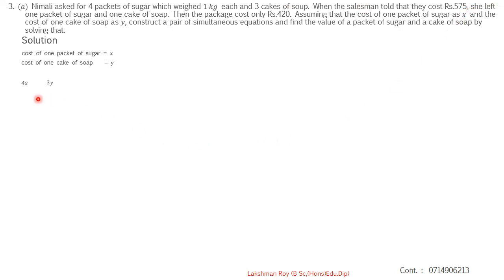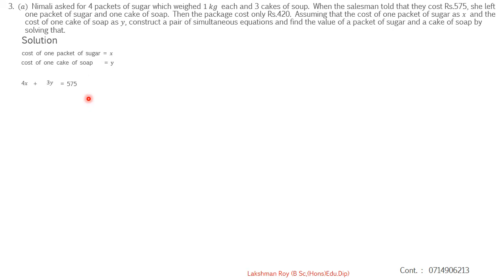Now you have to build up an equation. If you add 4 packets of sugar and 3 cakes of chalk, you get the total price. They have given that the total price of 4 packets of sugar and 3 cakes of chalk is 575 rupees. So this amount is equal to 575 rupees. That is the first equation.